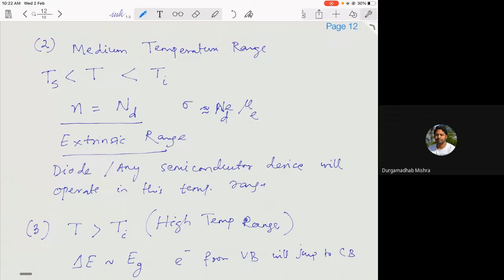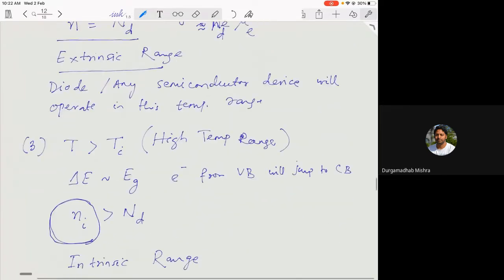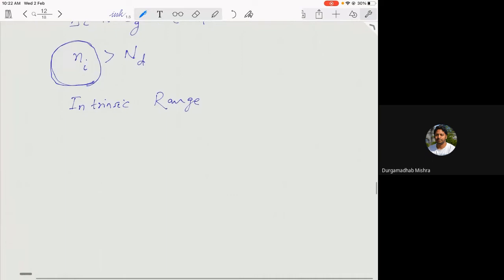For most semiconductors, if the doping or the extrinsic range is at room temperature, that is what you ideally want. So this is the temperature dependence of the carrier concentration, which decides in which temperature range you will operate your device.